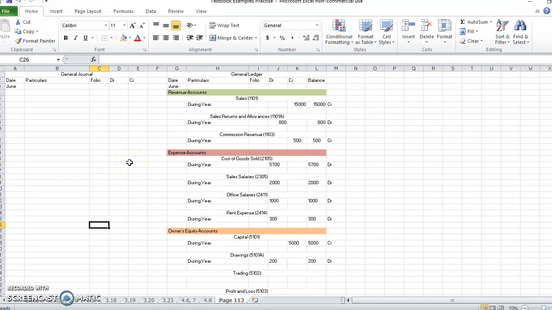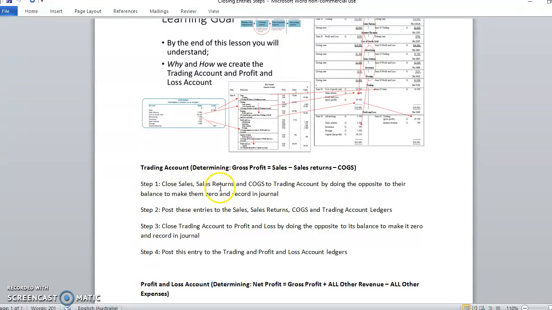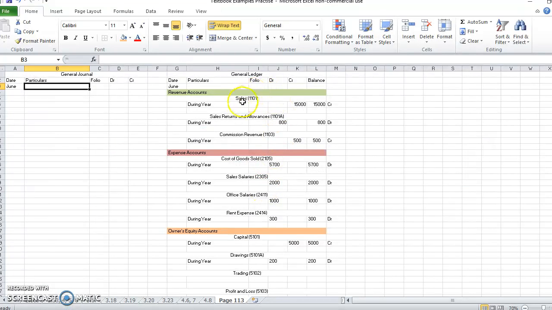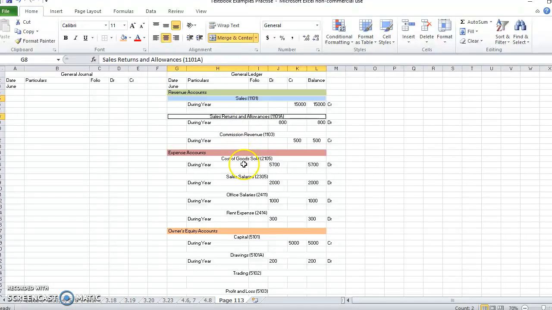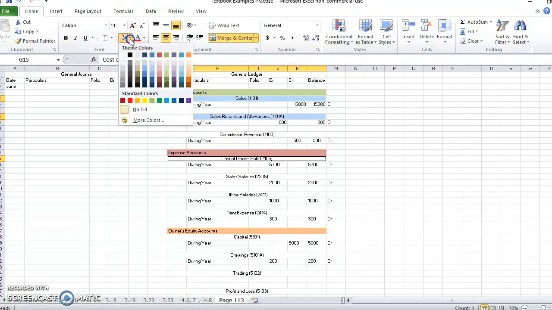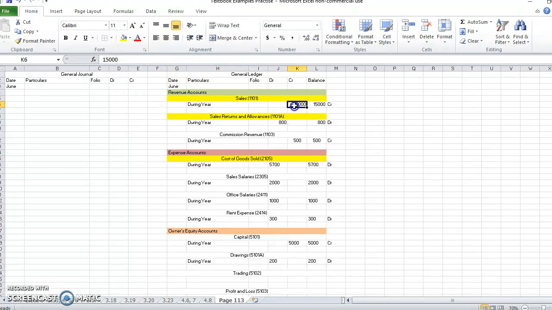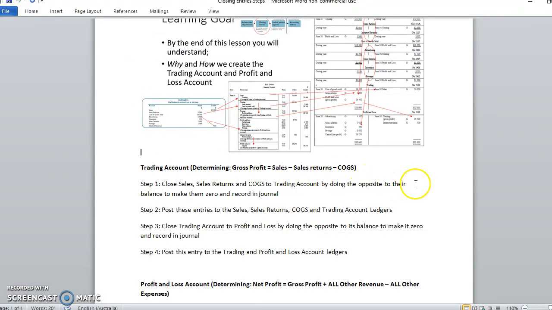I've pre-populated this exercise here and given it a bit of colour so it's easy to see. So step 1 says close sales, sales returns, and cost of goods sold. We'll start with these, by doing the opposite to their balance to make them zero.